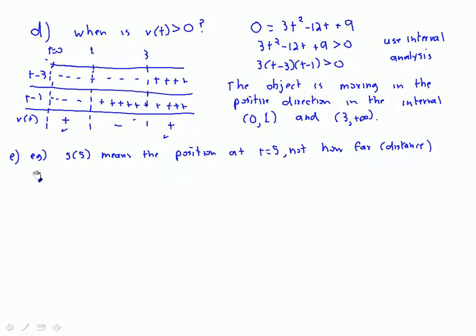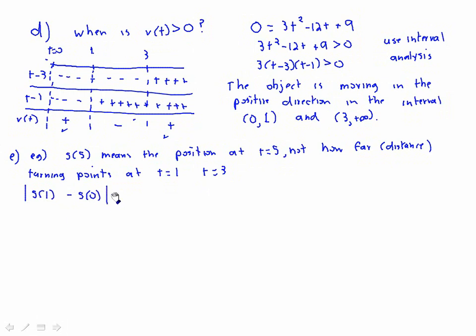So the way we do it is we note that at turning points, at t equals 1, t equals 3, and we're starting at 0. So what I do is I take its position at 1 second, and I subtract its position at 0 seconds when we start. And I take the absolute value of it.